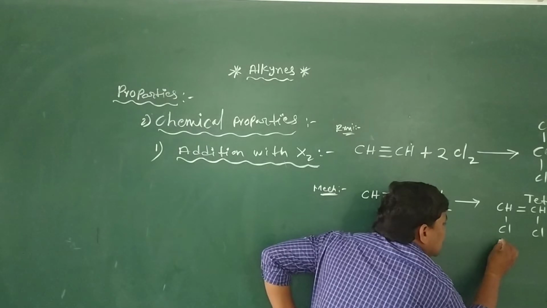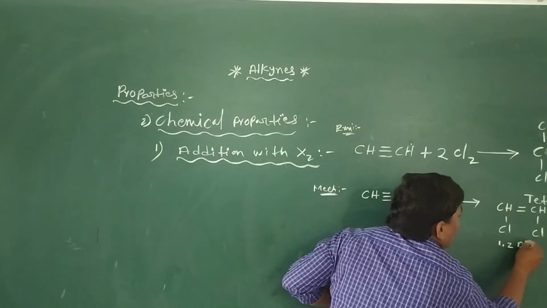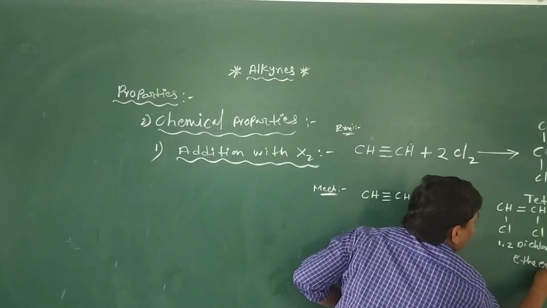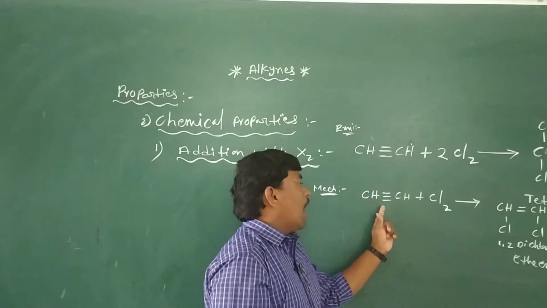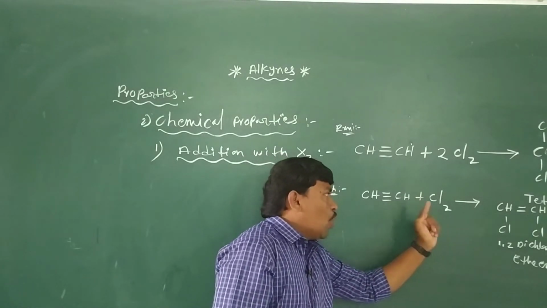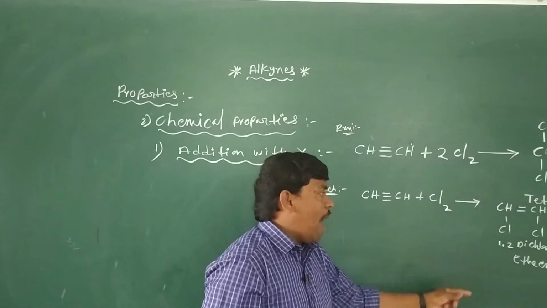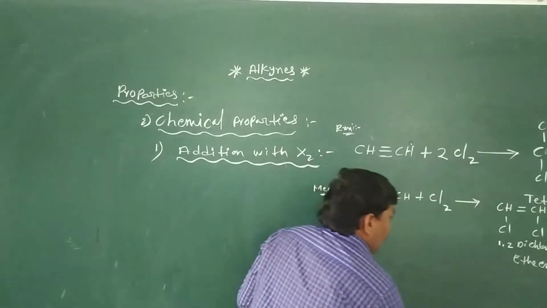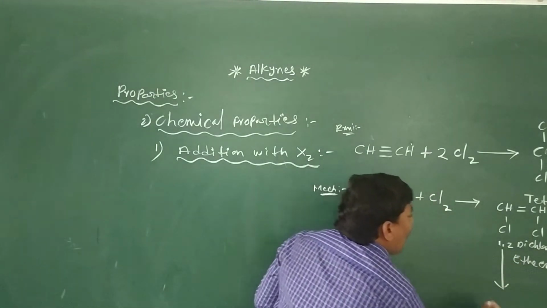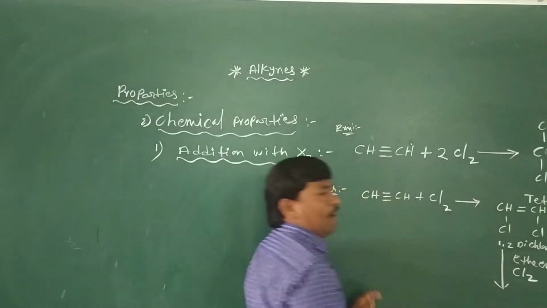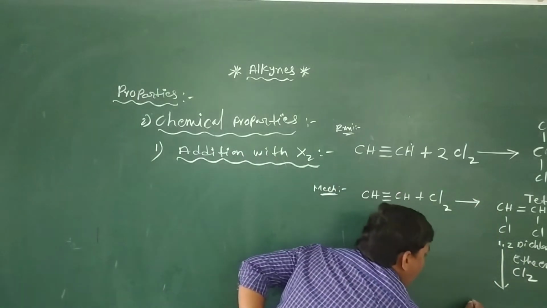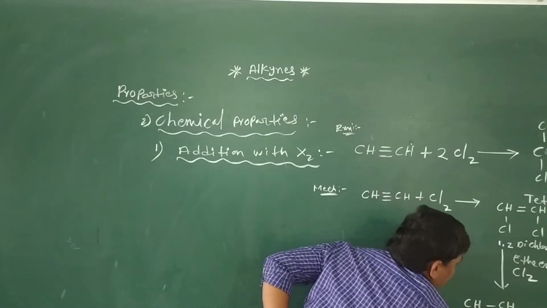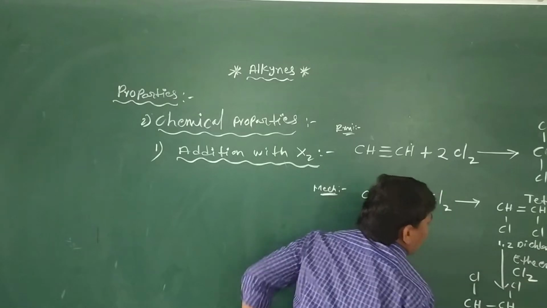The compound name is 1,2-dichloroethene. Then another mole of dihalide reacts to form CHCl2-CHCl2.